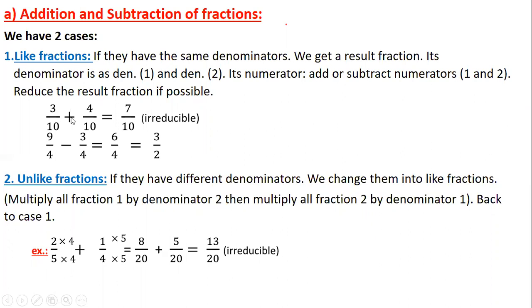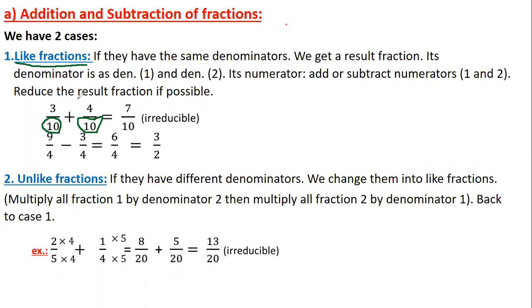If I give you two fractions and we want to know if they are like, we look at the denominator. The denominator of the first is 10. The denominator of the second fraction is also 10. Since the denominators are the same, then we say they are like fractions. So like fractions have the same denominators.